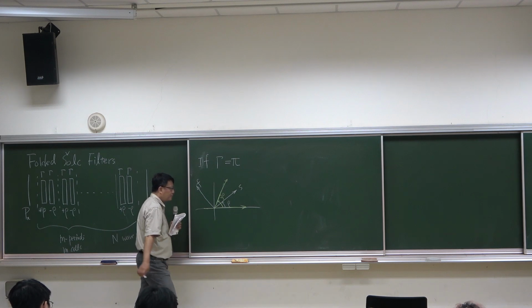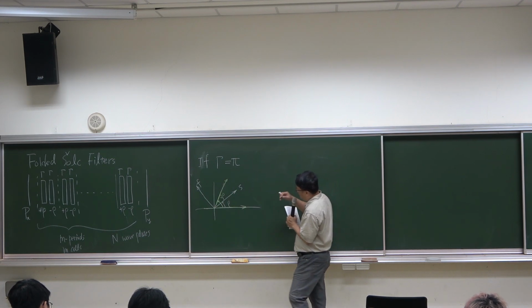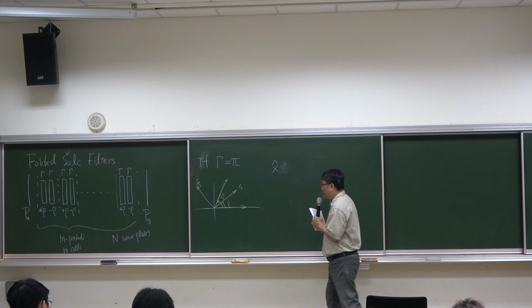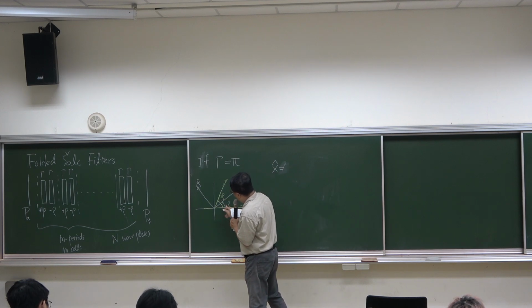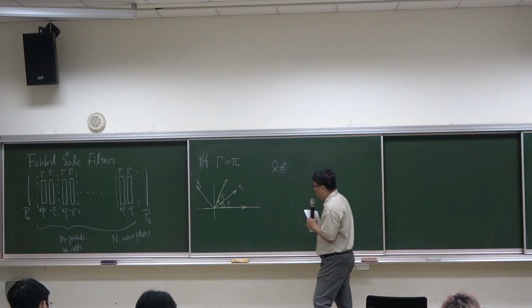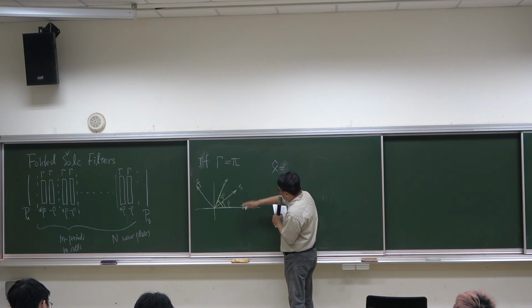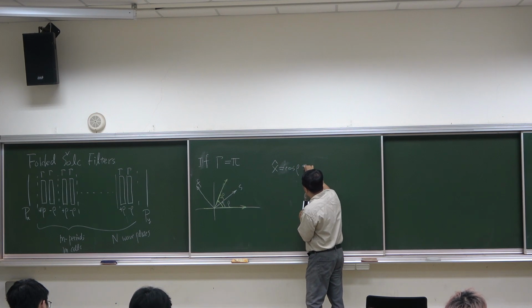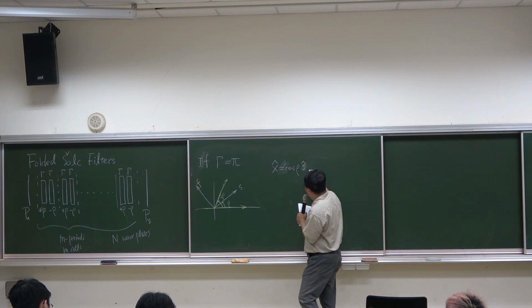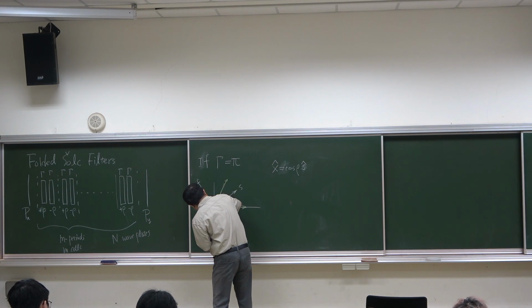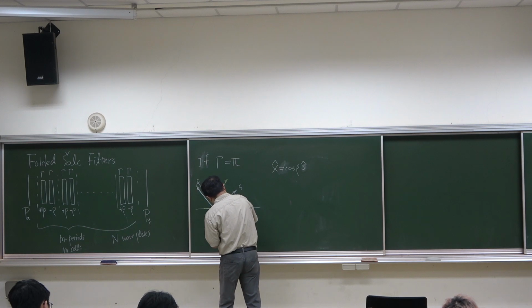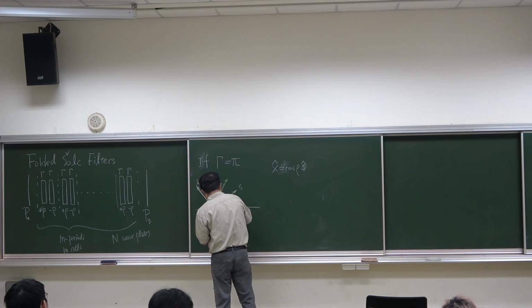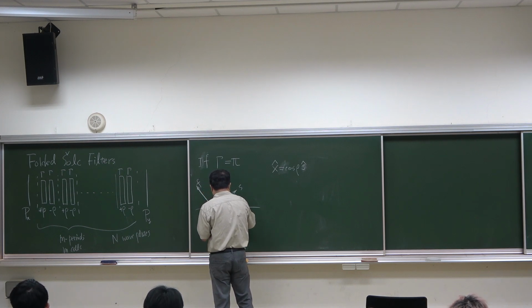This is because we can write the X polarization as the projection of X onto the S-axis, which is cosine rho, so this is equal to cosine rho times S minus sine rho times F, where the F-axis angle is half pi minus rho.